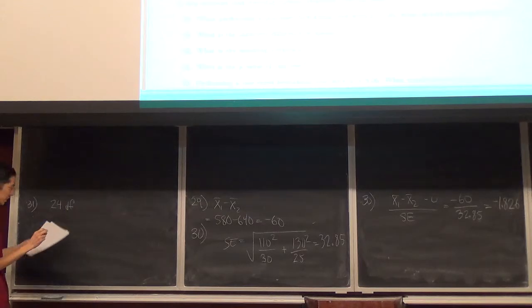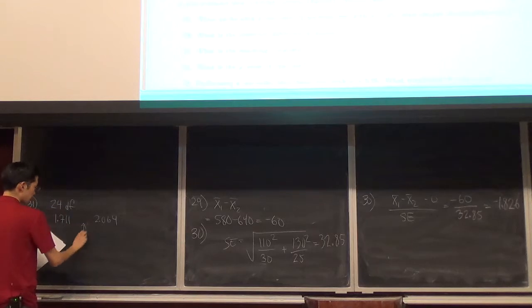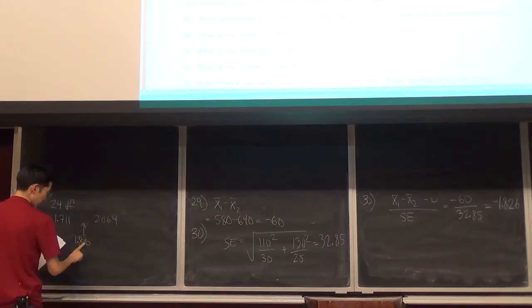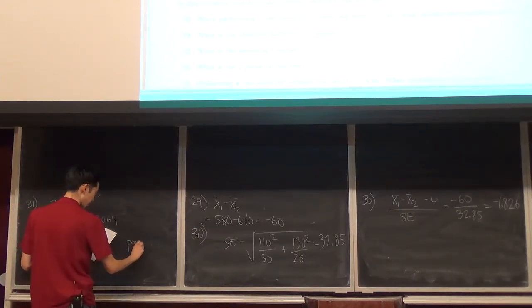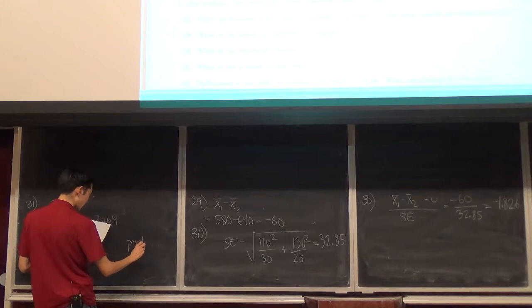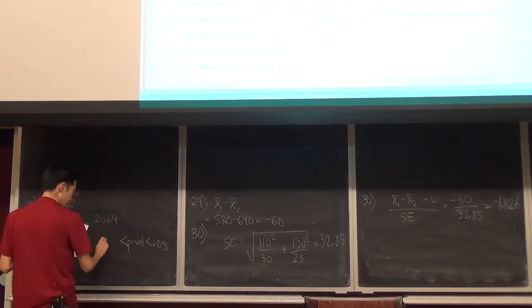And my test statistic is 1.826. We see that it's between 1.711 and 2.064 if you go to the table. So your p-value is going to be between 0.05 and 0.025.